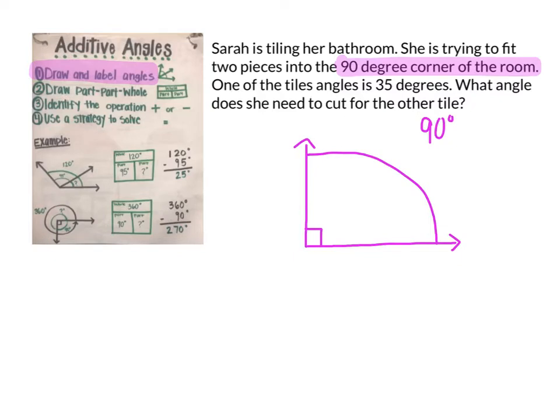We also know she's trying to fit two pieces into that 90-degree corner, and that one of those pieces is 35 degrees. To show that there are two pieces of tile going into this 90-degree angle, I'm going to split it into two pieces.